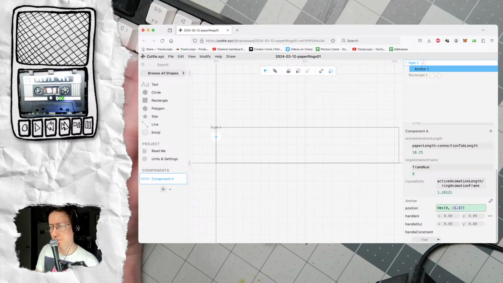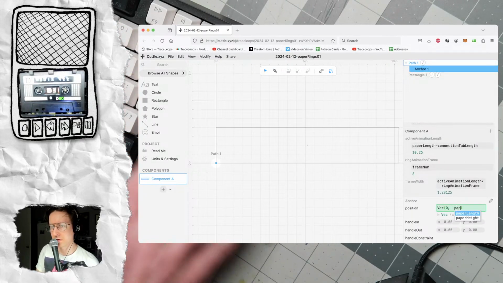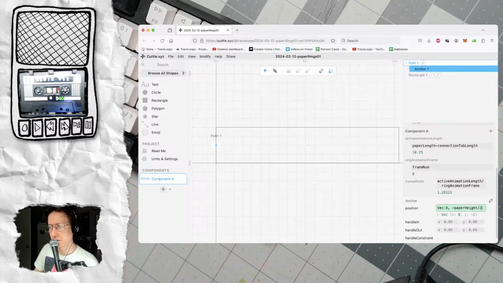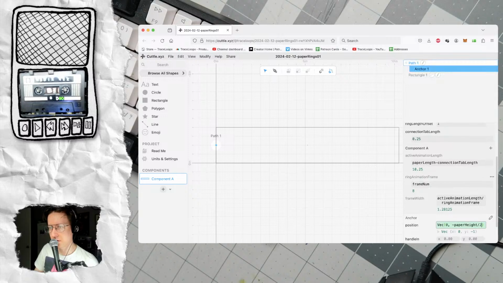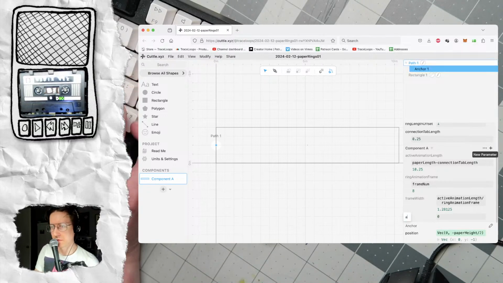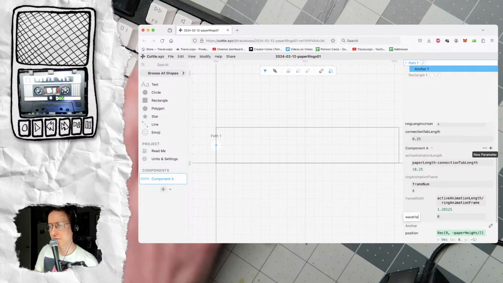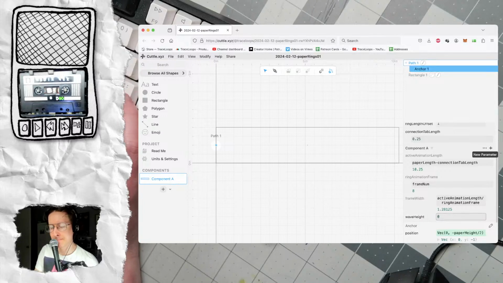This is negative paper height divided by 2. And let's do animation. Let's do wave height. This is easier. Wave height is going to be 0.75.